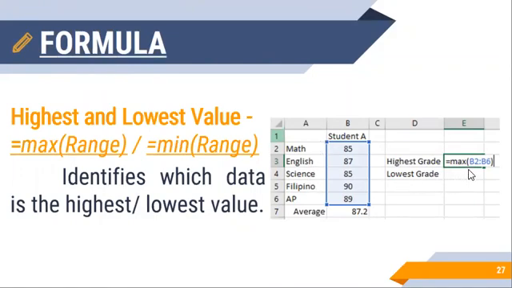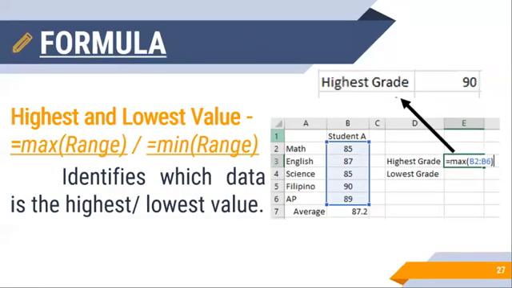So on a separate cell, we start again with the equal sign, followed by the word max, because that is the formula or command for highest. And then the range in parenthesis, which is B2 through B6. So when we click enter, it automatically shows the highest grade, which is 90.